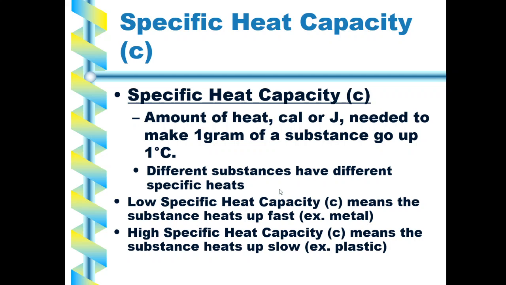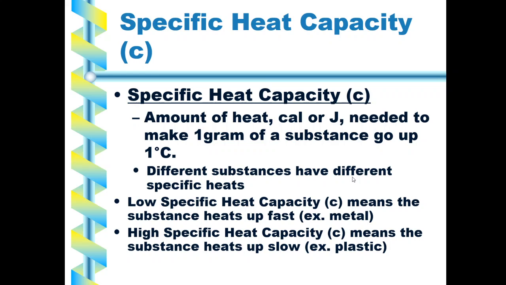A low specific heat capacity, C, and it's just a letter, and you'll see the equation in a minute, means a substance heats up fast. It's kind of like blacktop or metal, right? If I put it out in the sun, that stuff's going to heat up super fast. And then high specific heat capacity means a substance heats up slow. It takes more energy to get it there. So something like plastic.